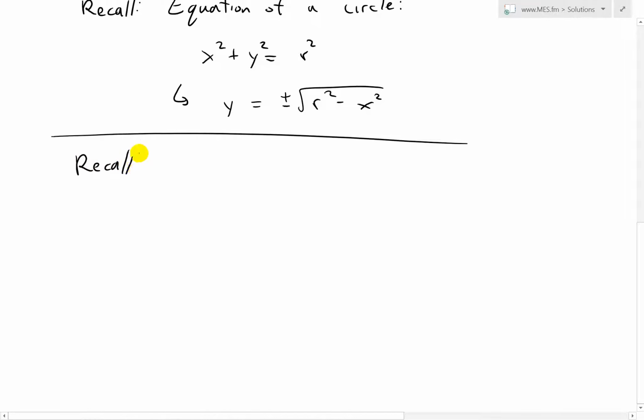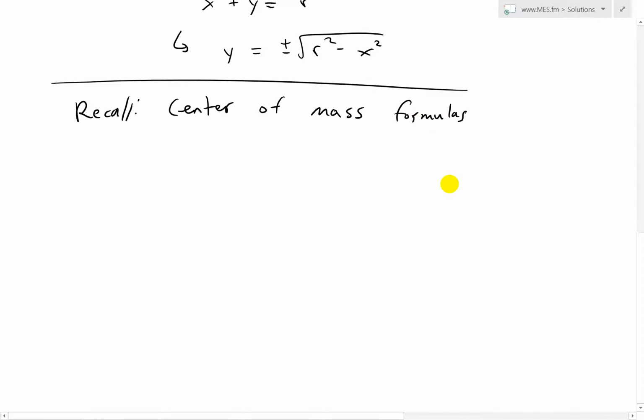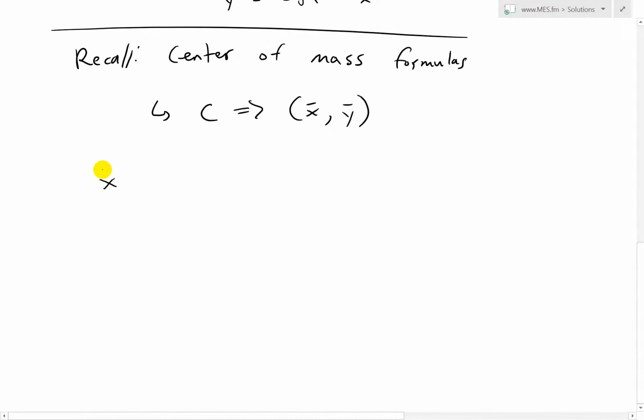So recall the center of mass formulas. In my last video I derived that when you have a region like that, the center is at the point (x, y), where x equals 1 over the area of the region times the integral from negative r to r of x f(x) dx.